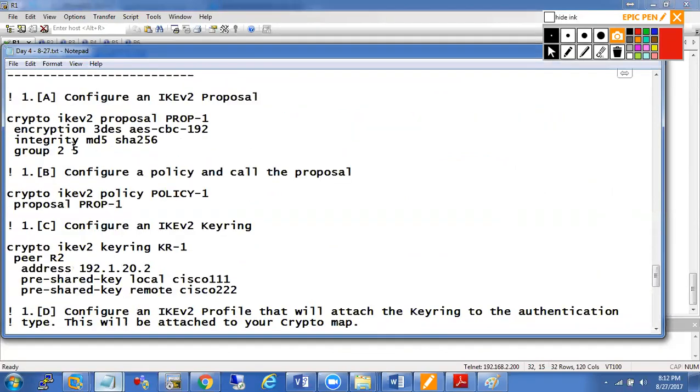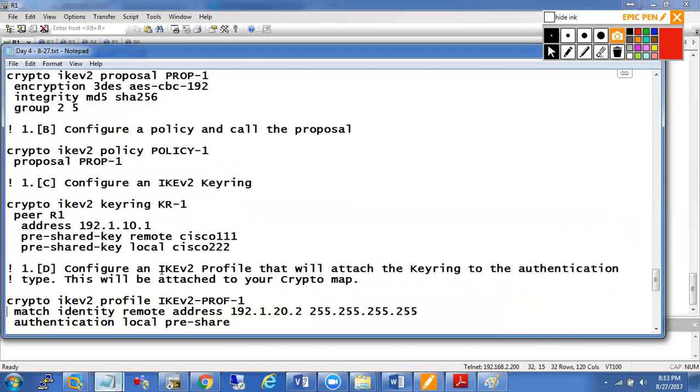So over here in phase 1, step 1A, 1B is exactly the same. For C, you're going to change it to R1, so you're going to point this to be 10.1. What used to be local on R1 now is remote over here on R2. What used to be remote now becomes local over here. So I flip it.